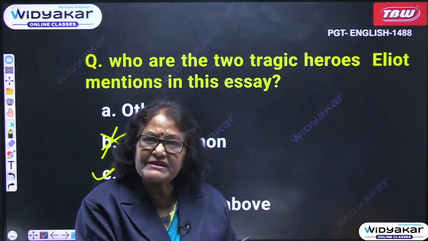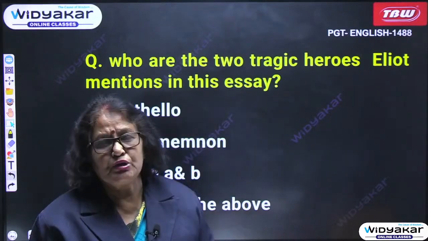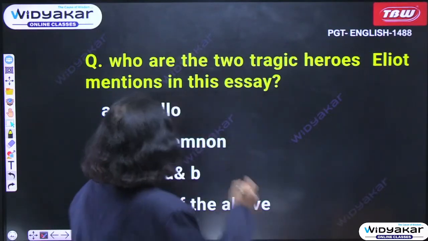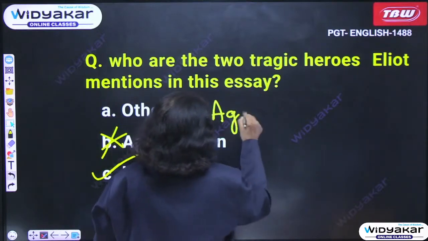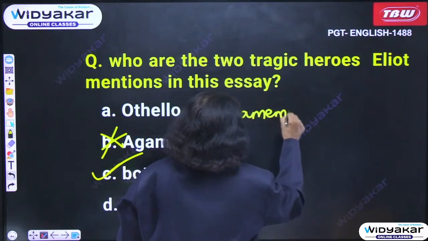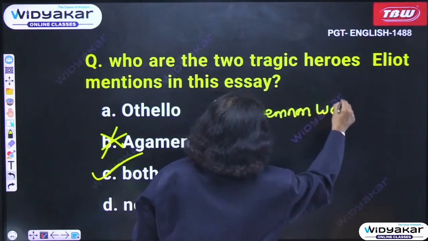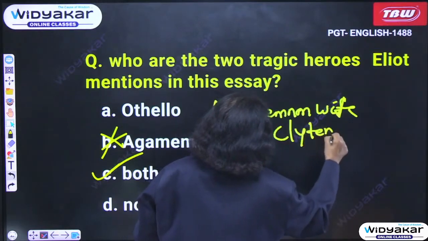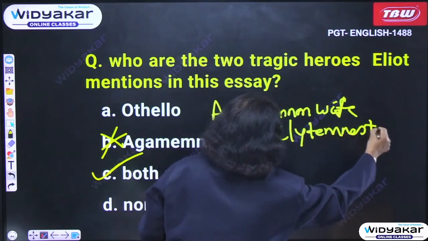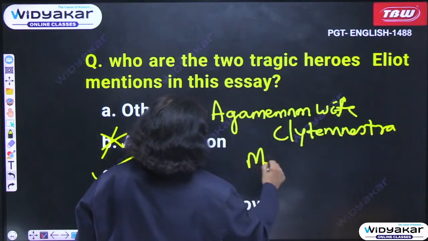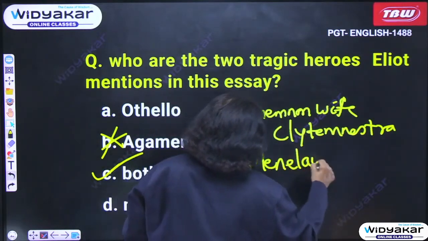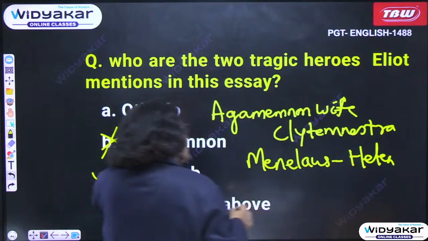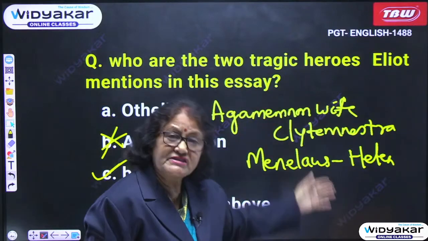Menelaus was married to the beautiful Helen of Troy. Agamemnon's wife is Clytemnestra, and Menelaus' wife is Helen. Clytemnestra and Helen were two sisters.